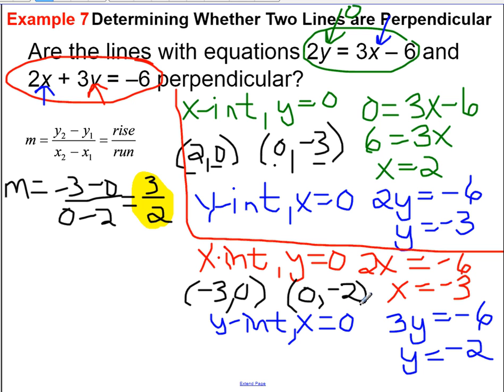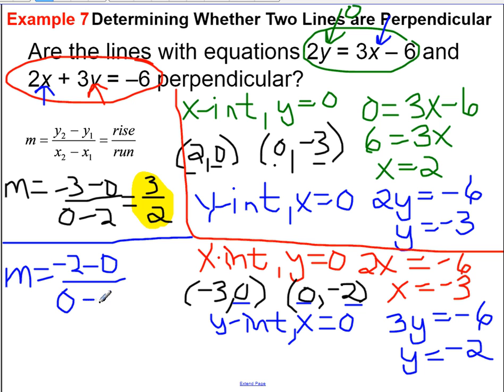We're going to use the slope formula for the second line. So m is equal to your y2 minus your y1 over your x2 minus your x1. Now here we get, in the numerator, -2, in the denominator we get +3.